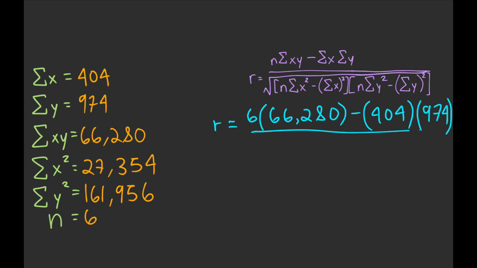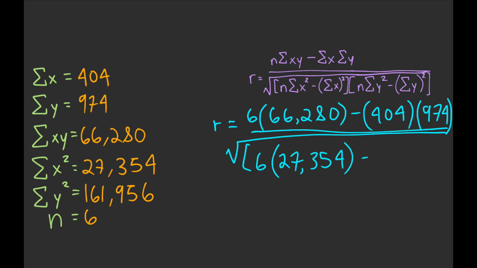All of that over the square root of n, which is 6, times the sum of x squared, which is 27,354, minus the sum of x, 404, squared.